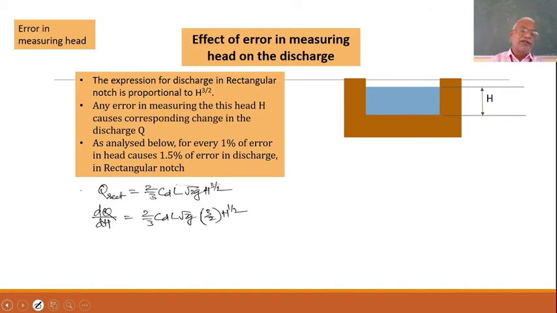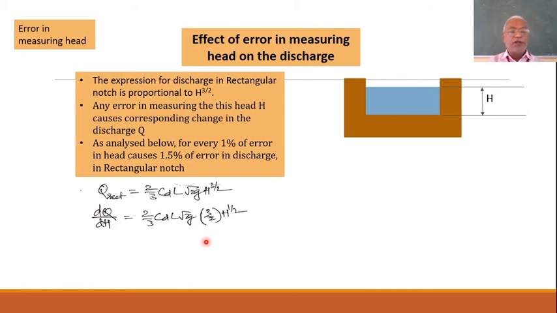We'll see how it is. Q for the rectangle is 2 by 3 CD L root 2g h raised to 3 by 2. This I know, and you also know it. Now what is done is differentiate Q with respect to h. dQ by dh, all these are constants, leave them, and h raised to 3 by 2 becomes 3 by 2 h raised to half. Now what we want is dQ by Q, the ratio of change in discharge to discharge.